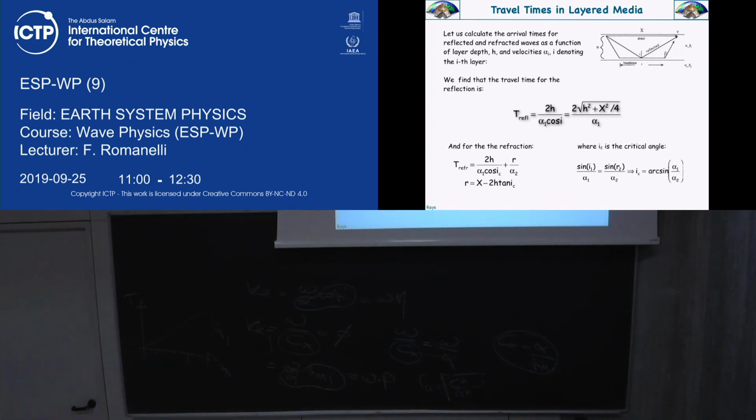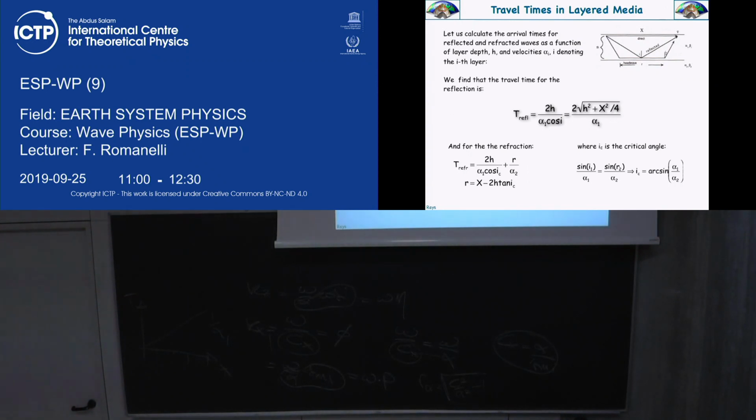And then geometry will decide the angle. So the time for the reflected wave to arrive will be 2 times this. And this is h over velocity and the cosine of I. Okay, can we write the cosine of I according to the x? Yes, we can, and there it is.